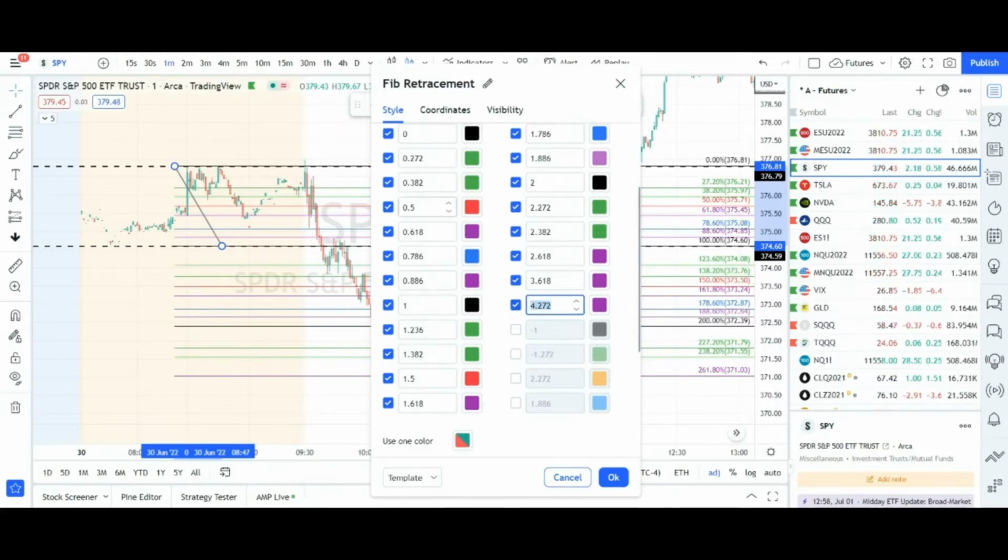As I told you before, for 0.272, the traders use 0.232, so it can be 4.232. If you see, there is a difference. This one is only 27.2%, but the next after 100%, I have written here, I'm taking this as 23.6%.